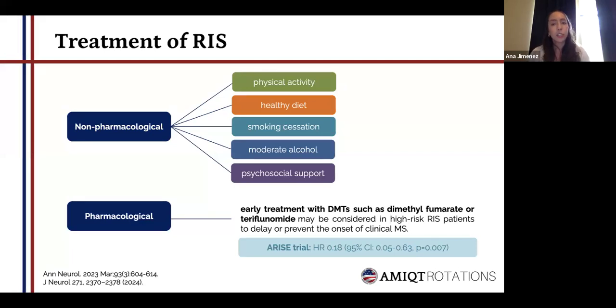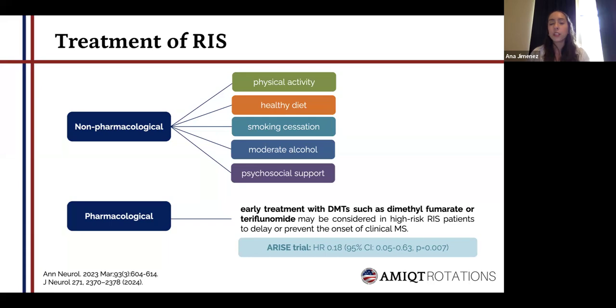And the pharmacological treatment, this is a whole other topic, so I'm just going to mention that the ARISE trial was actually the first trial that showed that the use of disease modifying therapies of MS, such as dimethyl fumarate or teriflunomide, is associated with a delay in the onset of clinical multiple sclerosis.